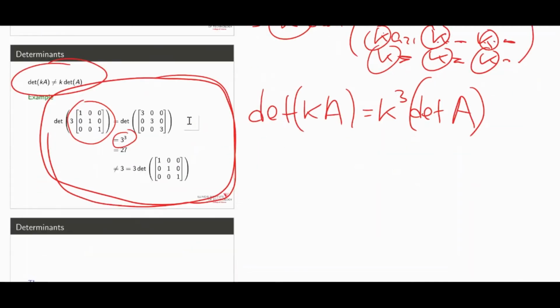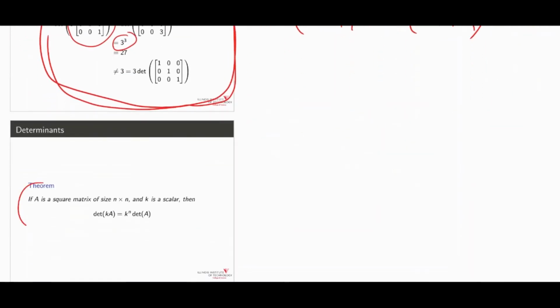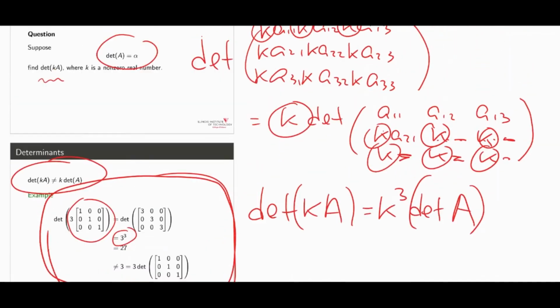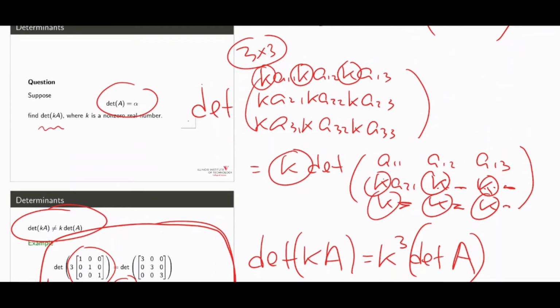So what we have here is that if your A is a square matrix of size n by n and k is a non-zero scalar, then the determinant of kA is k to the power of n times the determinant of A. I hope you get that answer. I also purposely left out the information because I wanted you to see whether or not you would notice that the answer actually depends on the size of that matrix.